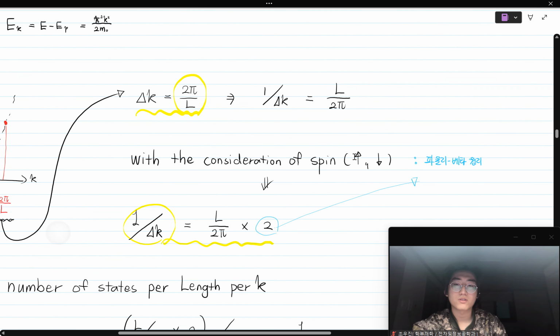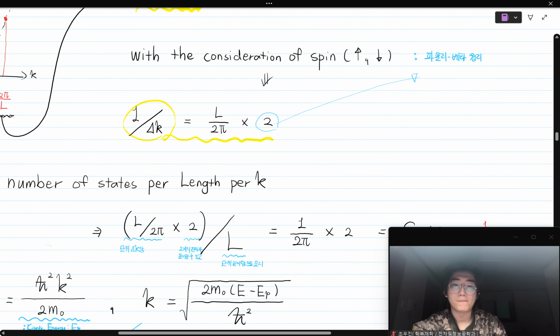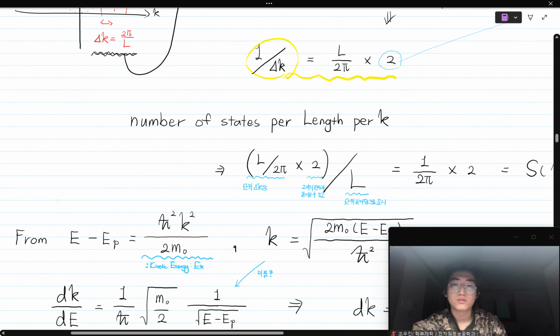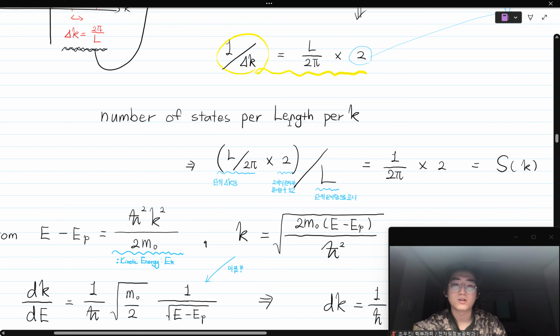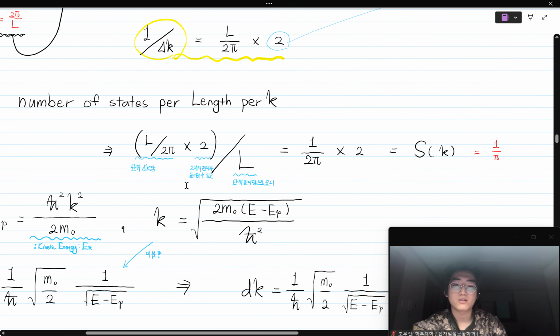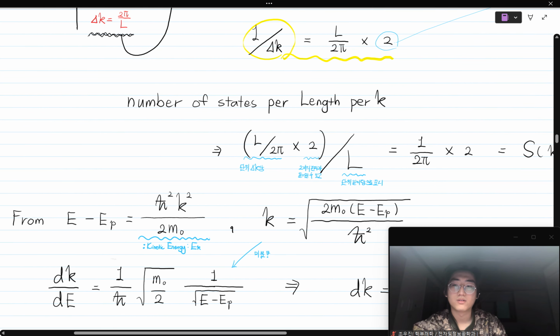But we should consider spin as a Pauli vector, so we should multiply by 2. So the number of states per length per K equals this divided by L. So we can get SK by this.